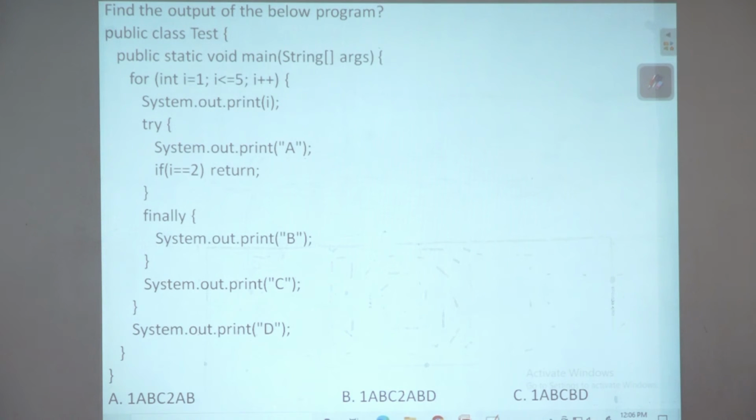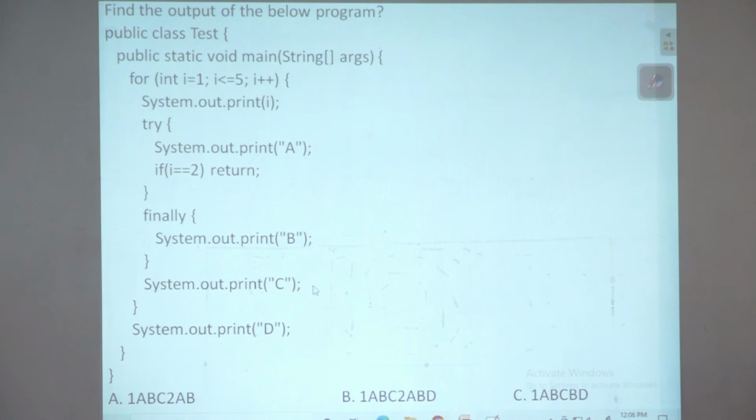So I have so far 1A, B, C. 1 because of System.out.print i, 1. Then after that A, i equal to 2 is wrong. Finally of that try block will be executed. So B, finally can't be escaped. So 1A, B. Now outside the finally, but in the try block, there is C. So 1A, B, C.